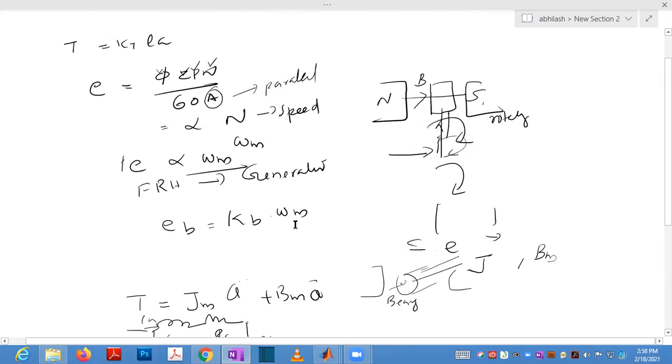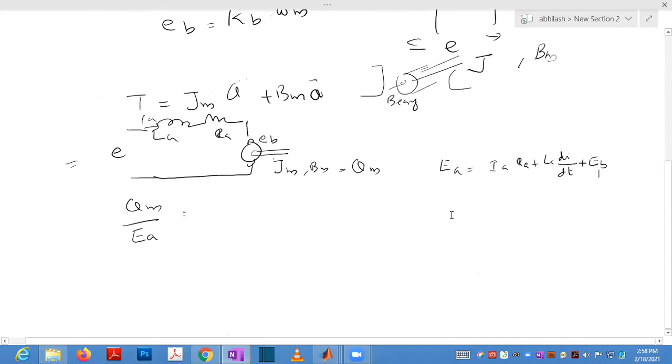This Eb is directly proportional to Kb into omega m, and the torque is equal to Kt into Ia. Remember those equations. The torque developed is equal to Jm theta double dot plus Bm into theta dot. The input is Ea and the output is theta m, so you have to derive a transfer function between these two.